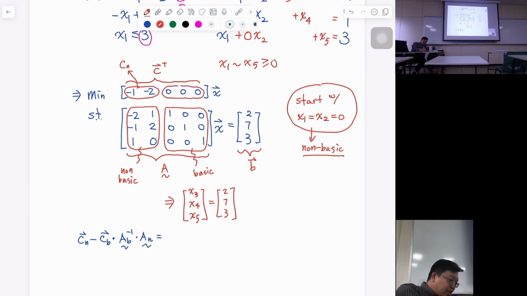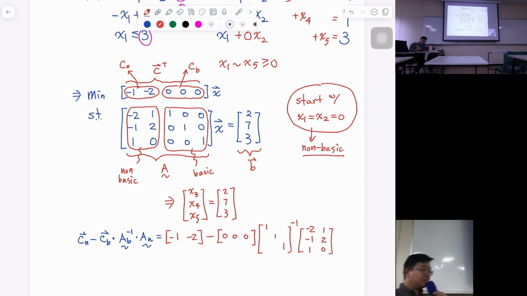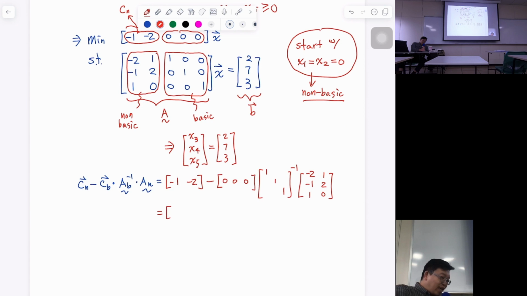This part is my C basic. So Cn right now is this, minus Cb, which is my 0, 0, 0, and AB is basically 1, 1, 1, inverse AN is this. Right? You need to know why this is happening. At the end, you will have -1 and -2.